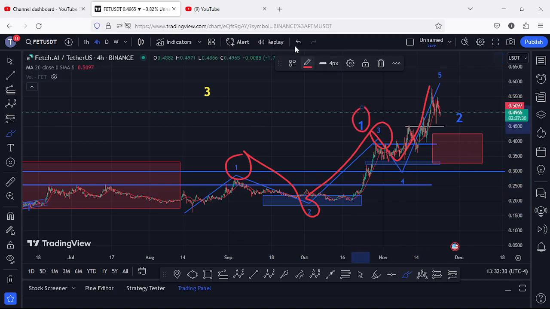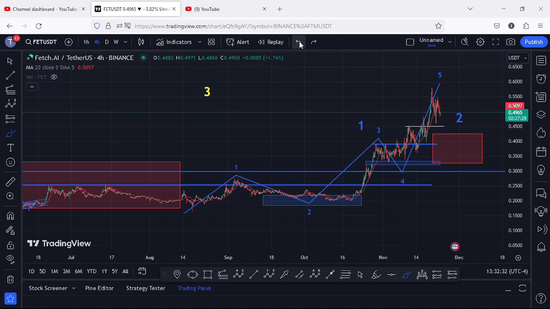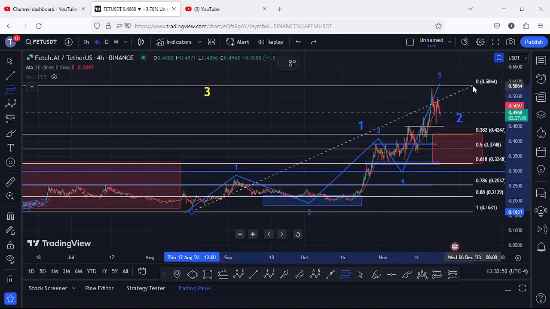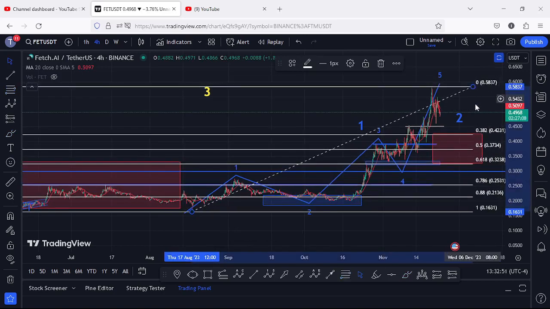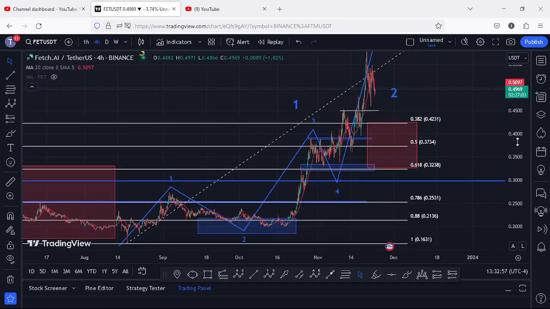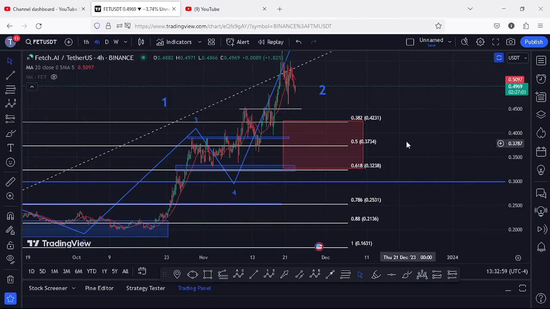After seeing the formation of this first wave, what we expect based on the Elliott wave structures is a bit of a corrective structure in the formation of this wave 2. The minimum target area for the second wave can be given by connecting the Fibonacci from the low of the first wave to the high of that wave 1, giving me a minimum pullback target area between the Fib level 0.382 and the Fib level 0.618.